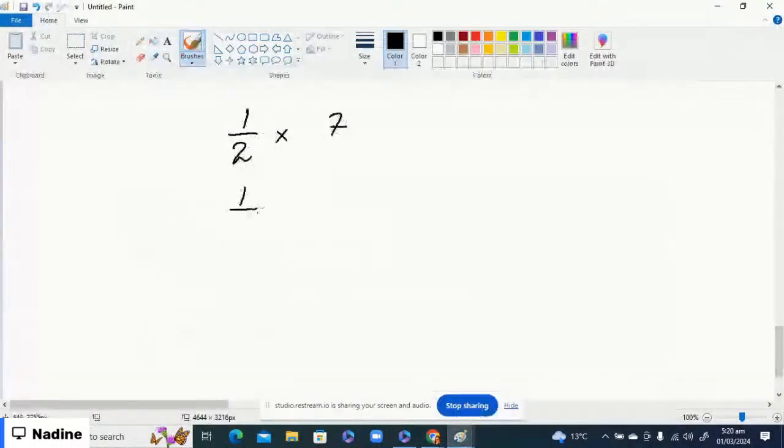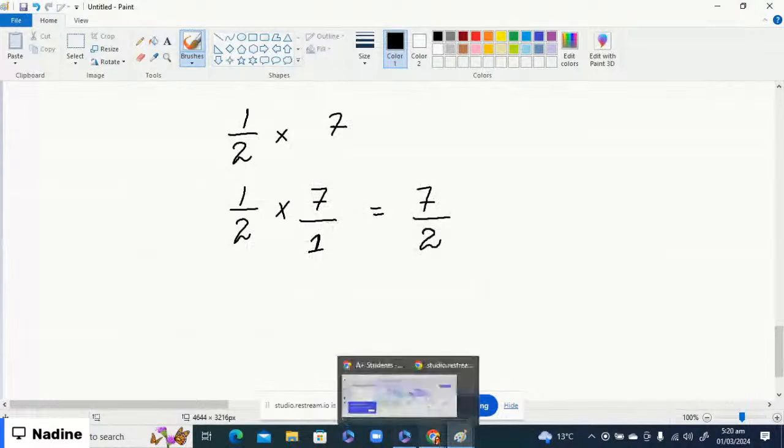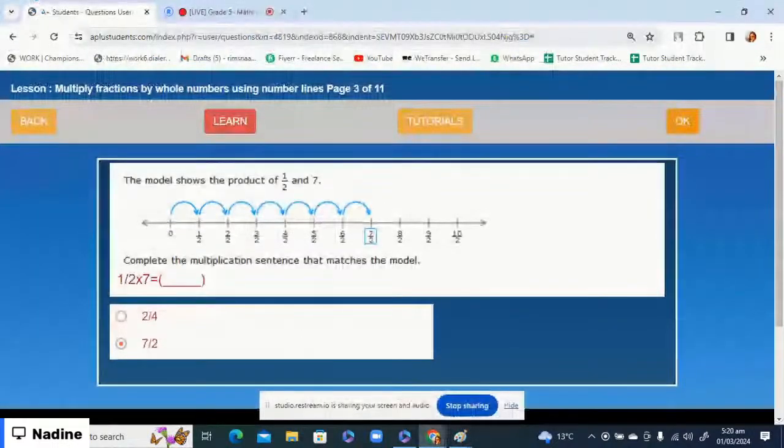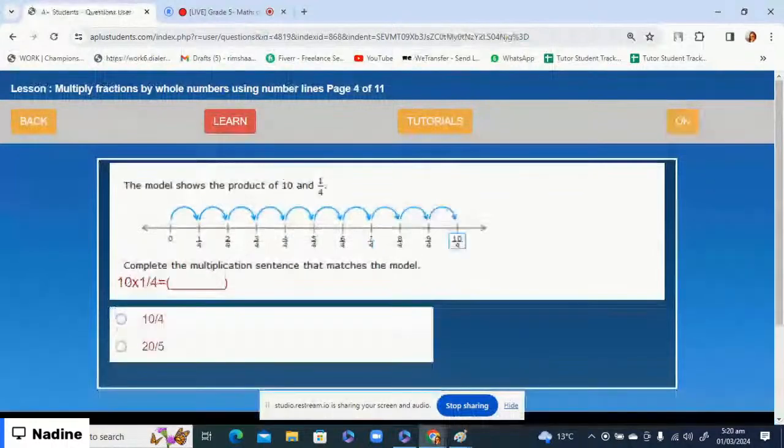Okay, this is 1/2. Multiply. How to convert this one? 7 over 1. So 1 times 7 is 7. 2 times 1 is 2. So the answer we got is 7 over 2. Okay, that's it.